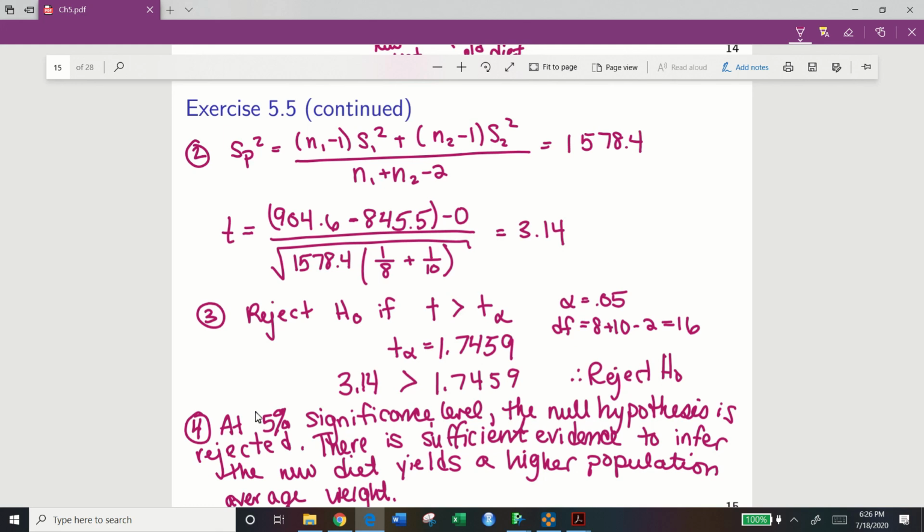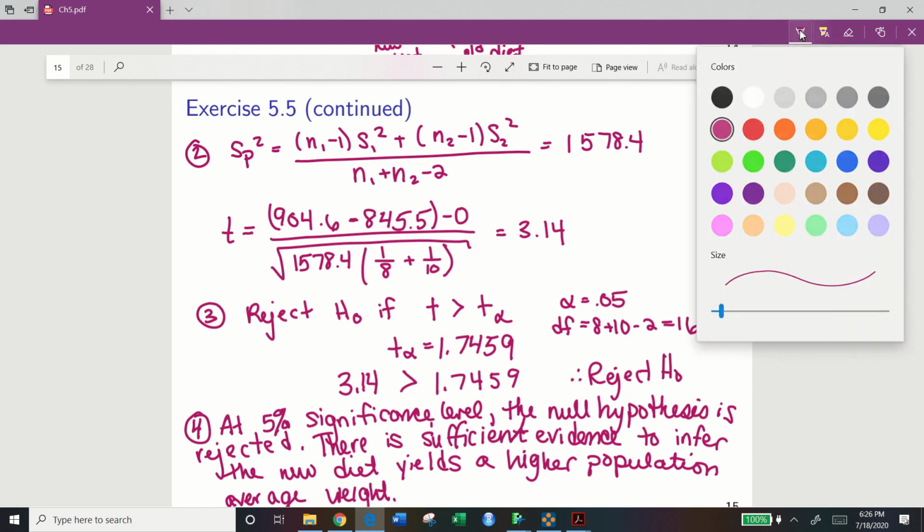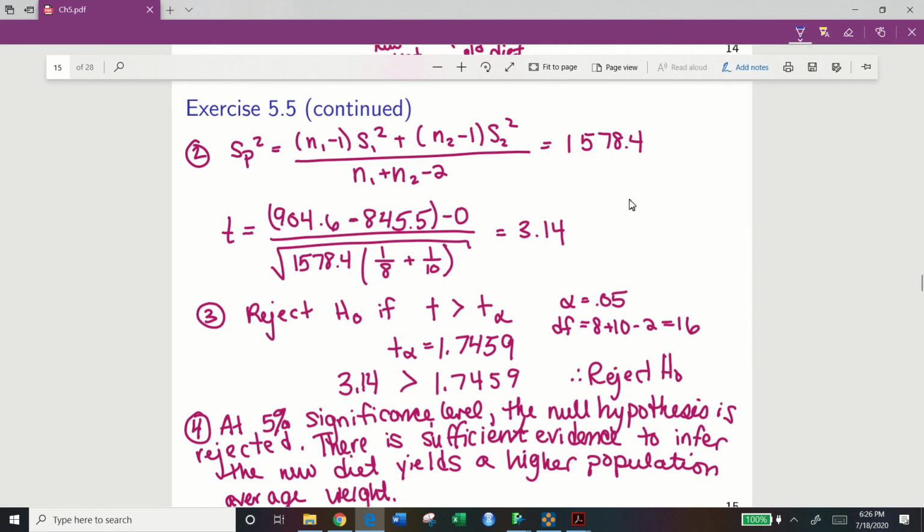Step 2, everything would have been virtually the same except for, I'm going to make this in a different color, your t test statistic would have ended up being negative 3.14. And because you would have had to change your hypothesis to be less than, your rule would have had to be a negative T alpha, and your negative T alpha value would have still been the 1.7459. You just would have had to make it negative.